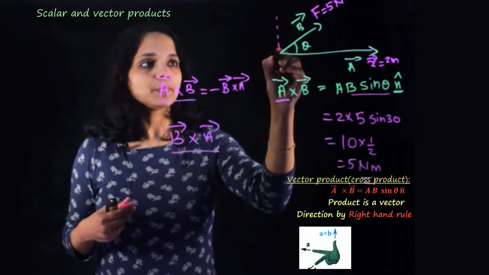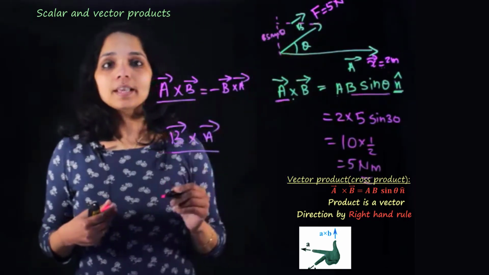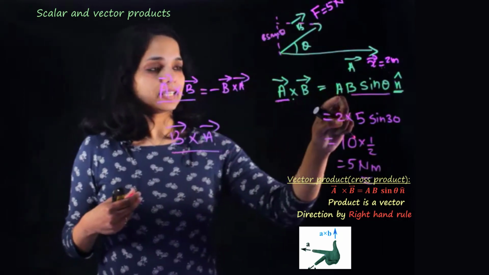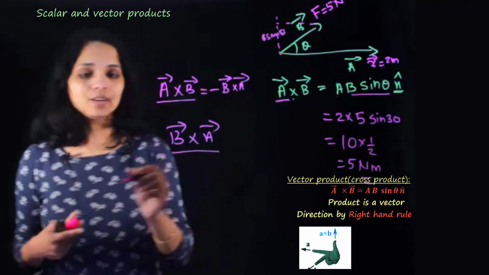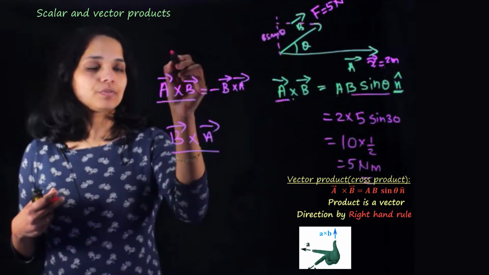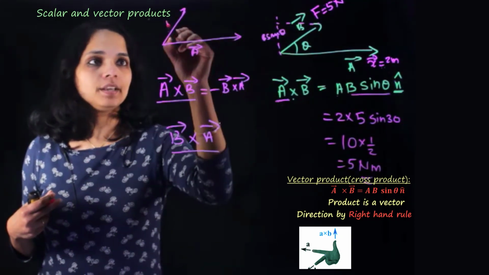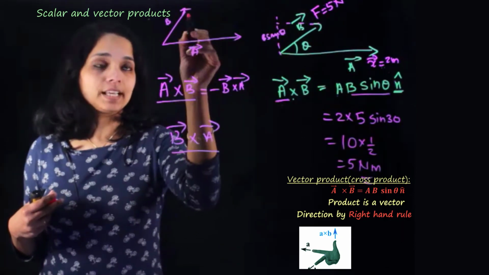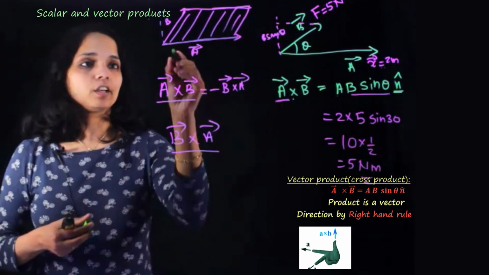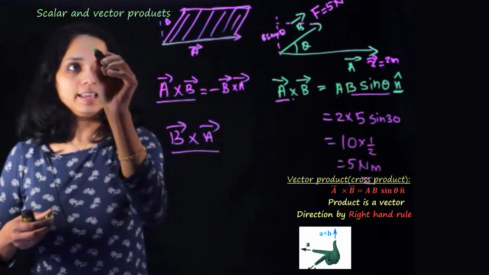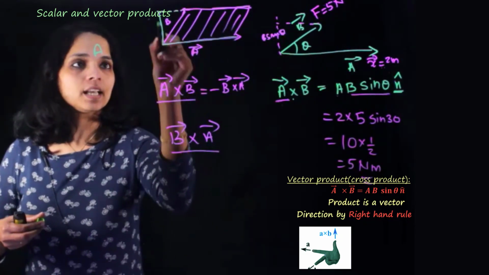That's actually the perpendicular component of vector B. So it's basically A times the perpendicular component of B. Or, if you know the parallelogram, if you construct a parallelogram with A and B as the sides of it, the area of the parallelogram is this side, that's A, times the vertical height, and the vertical height is the perpendicular component.